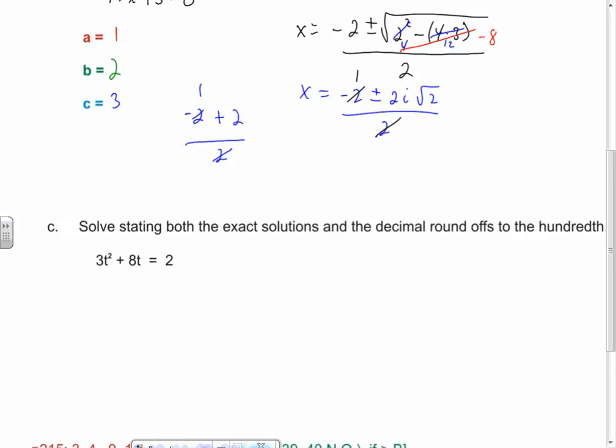Now, if you remember that you're technically supposed to split it up into 2 fractions and divide the 2 in there and divide the 2 in there, oh, now you get 0. So don't make the mistake, and students often do. They often forget that you have to divide it into both.